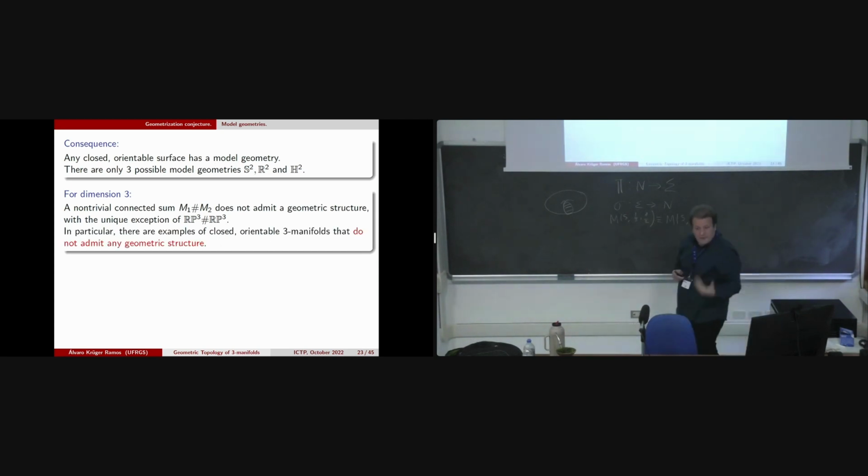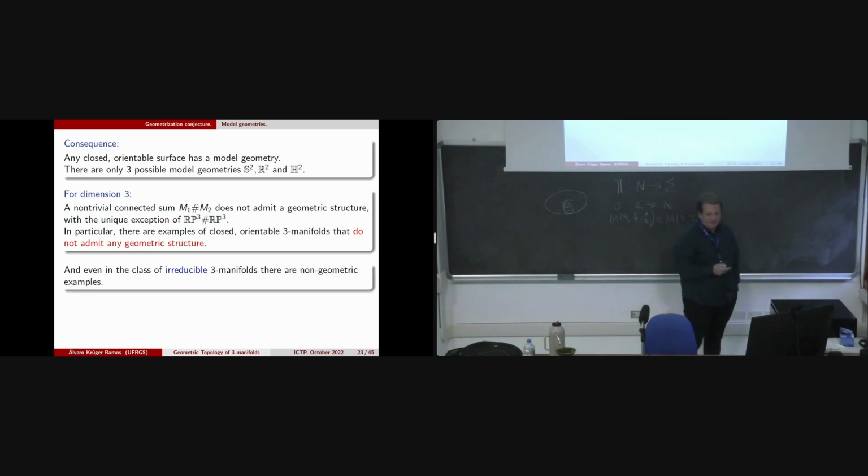In particular, there are examples of closed 3-manifolds that do not admit geometric structures. So from dimension 2, where everything had a model geometry, in dimension 3, if you are not prime, don't even try. Don't even try to look at this.